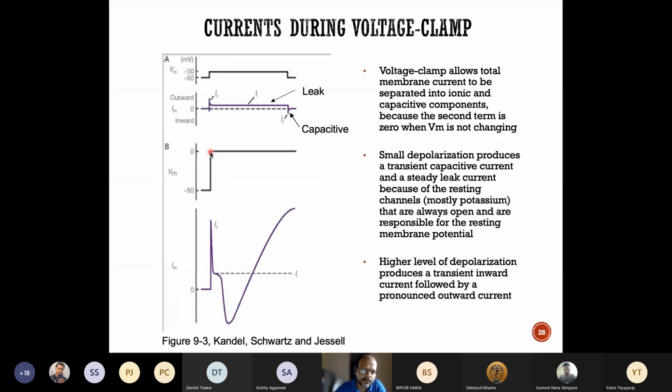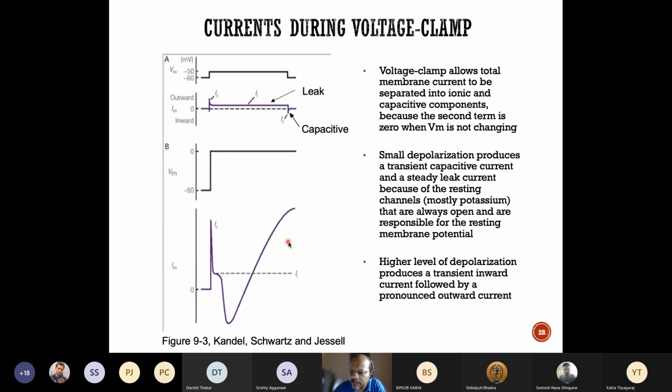So as you increase the voltage, this current should have just scaled up. It should have been a scaled up version of this. But instead, it shows this very peculiar shape. It just dips down and then goes up. Okay, and this is because the conductances are changing as a function of time. They are no longer fixed.